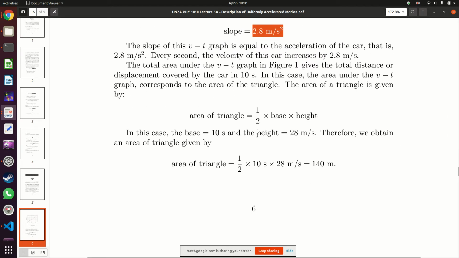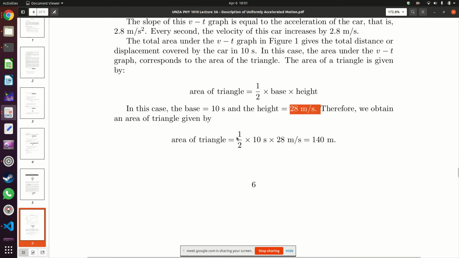So if you work out the area of the triangle, area of a triangle is equal to half times base times height. The base is 10 seconds, the height is 28 meters per second. When you do this, half times base, 10 seconds, times height, you get a physical quantity which has units of length, 140 meters.